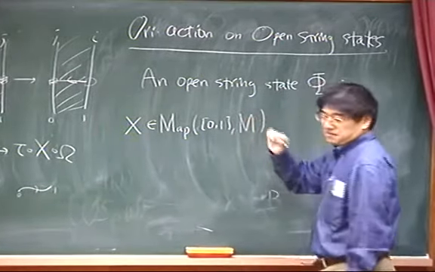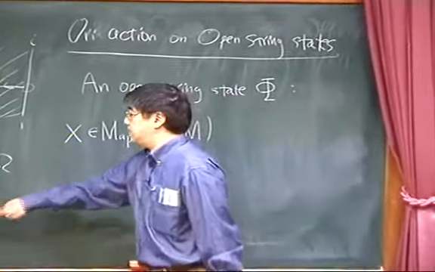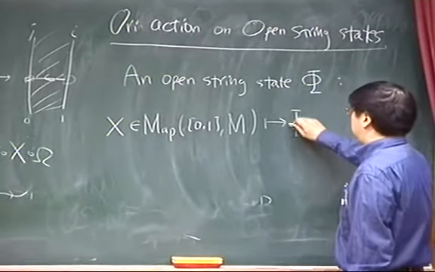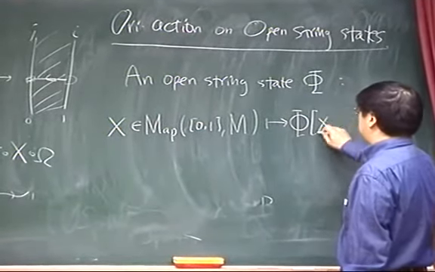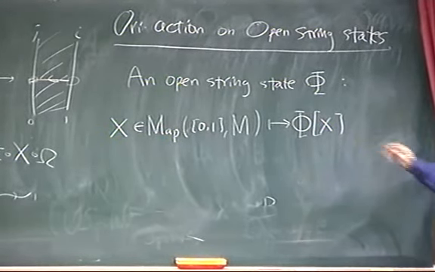So at a given time you have a map from 0, 1 to the target. It's a wave function of such open string configurations, phi of x.